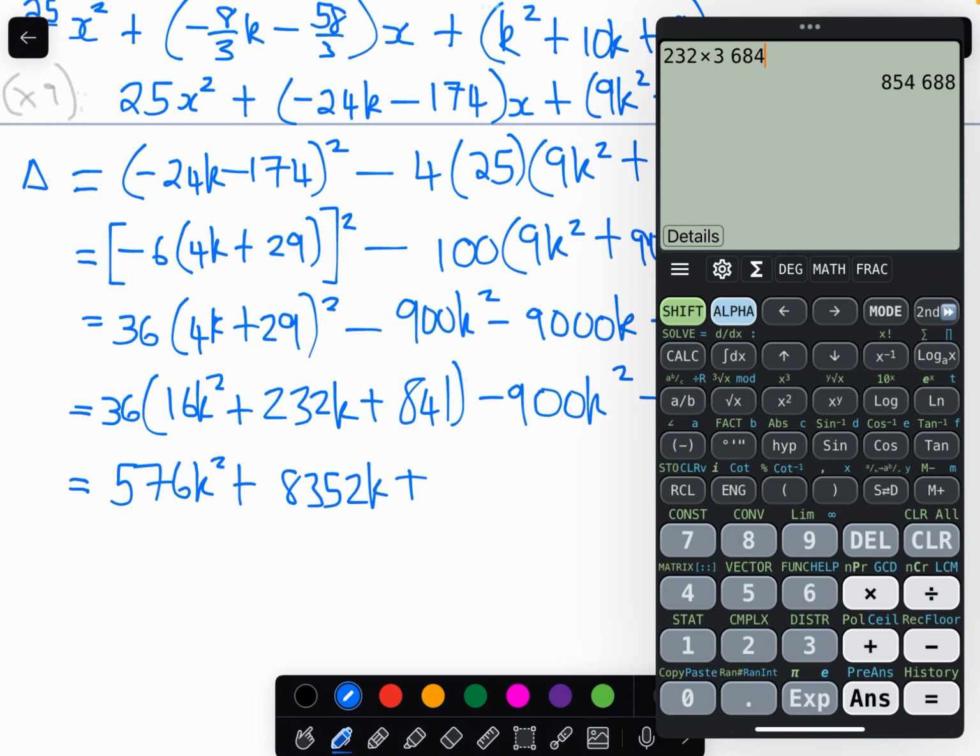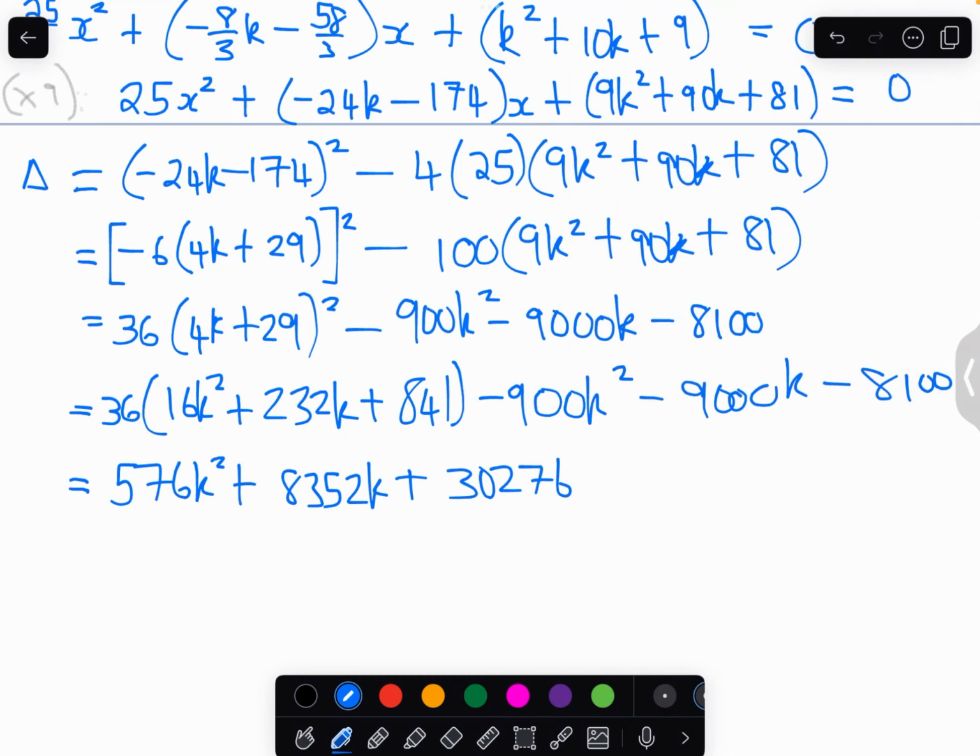Why do I keep making the same mistake? 841 times 36 is 3276. My goodness, these numbers are bonkers. And then here we have 900k squared minus 9,000k minus 8,100.